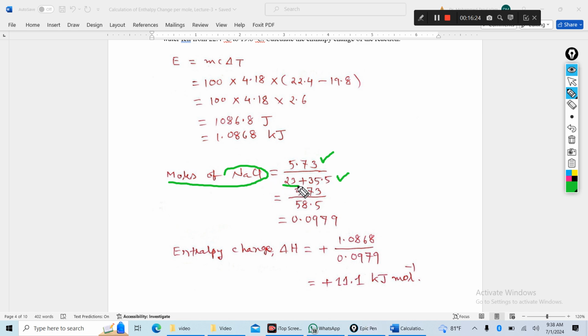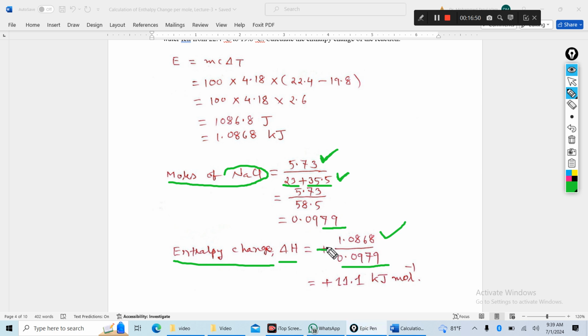Sodium 23, chlorine 35.5. So moles of sodium chloride equals mass given divided by molar mass of sodium chloride. So you will get 0.0979 mole. Then enthalpy change delta H will be energy transferred divided by number of mole.